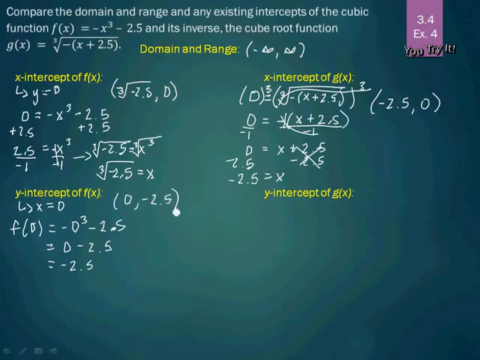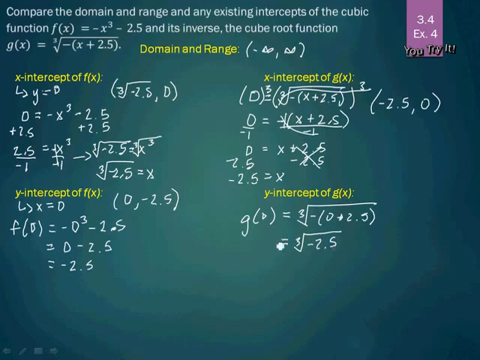And then for the y-intercept of g of x, we'll plug in g of 0 equals cube root of negative 0 plus 2 and 5/10. So then simplifying underneath the cube root, 0 plus 2 and 5/10 is just 2 and 5/10. So we have the cube root of negative 2 and 5/10.